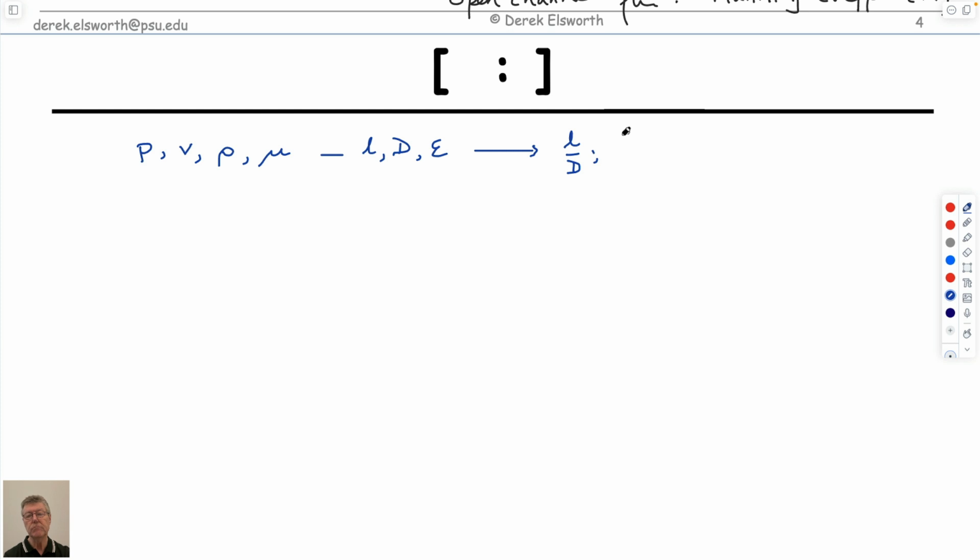and roughness over diameter. So those are 2 of our variables. Buckingham Pi just says that we need to take our variables to be able to put them together to get the remaining components.